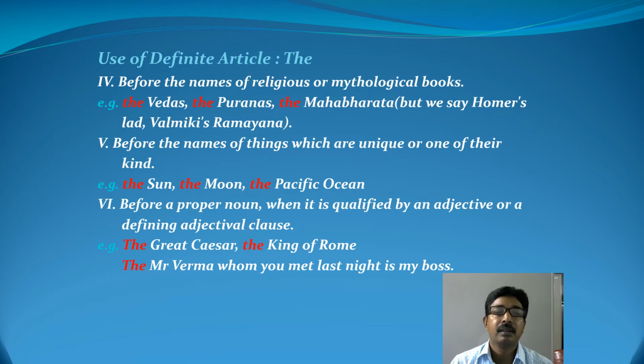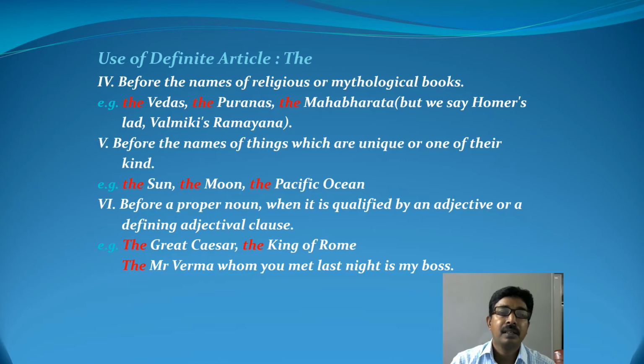And the definite article the is used before the names of religious or mythological books. Example, the Vedas, the Puranas, the Mahabharata, etc. But we say Homer's Iliad, Valmiki's Ramayana, and so on.